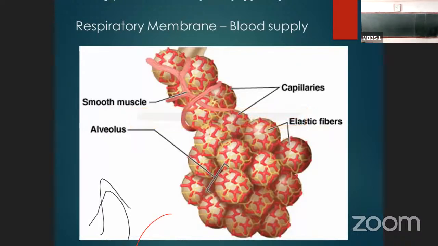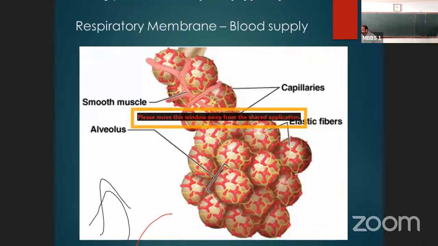Actually, two chambers mainly work. Whatever the deoxygenated blood will be collected first into the right atria, then it enters into the right ventricle.